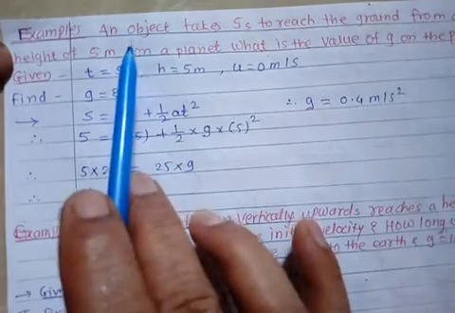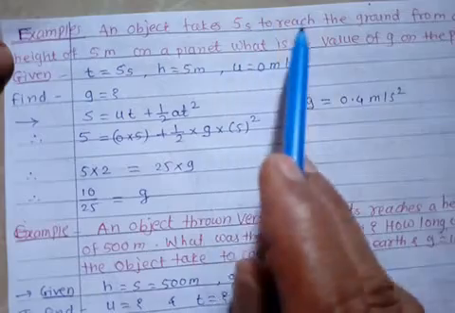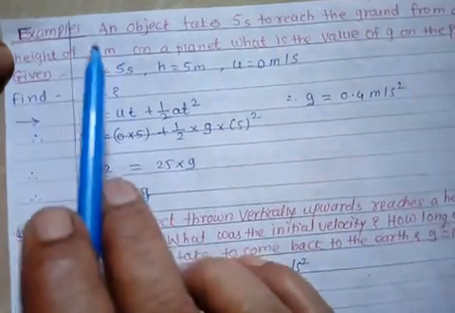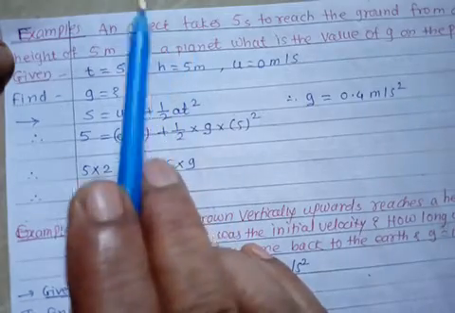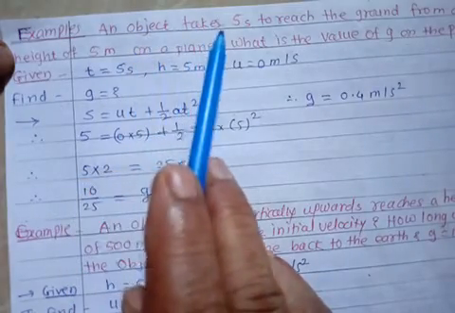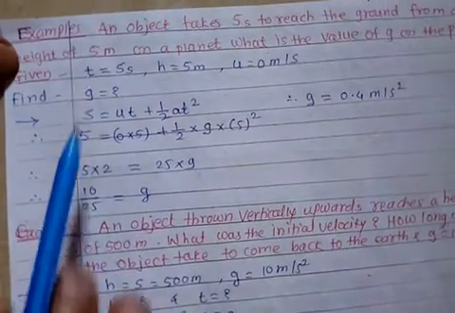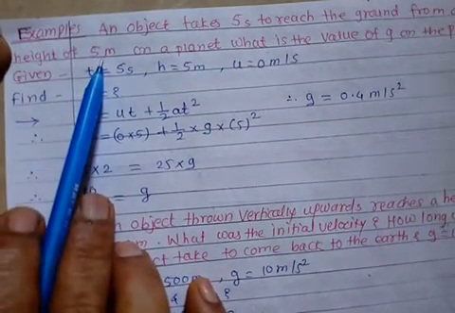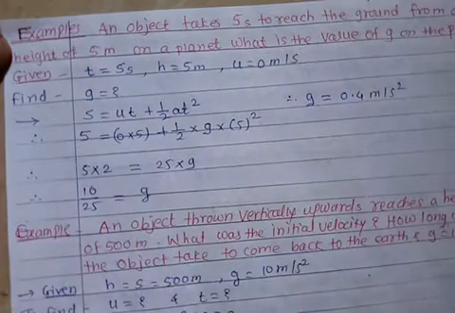First example: an object takes 5 seconds to reach the ground from a height of 5 meter on a planet. What is the value of g on the planet? Means an object takes 5 seconds to reach the ground from the 5 meter height. What is the value of g on the planet?